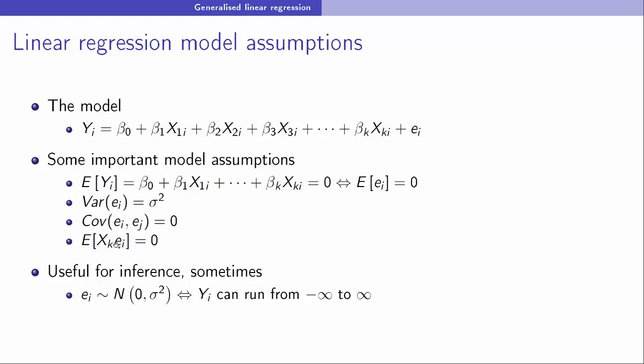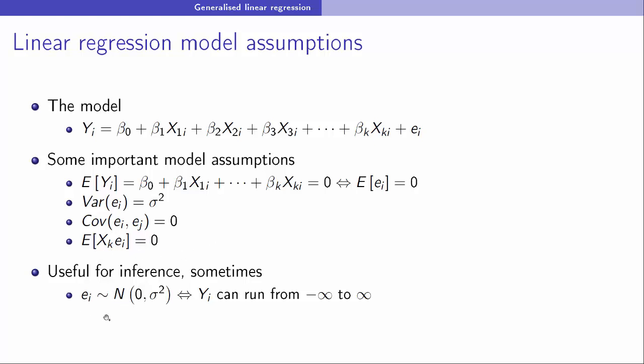There's no correlation between an explanatory variable and the error term. That's a little bit more of a technical one, and depending on what kind of modelling you're doing, this may or may not be a problem. The more experimental you are, the less likely this one is to be a problem, and the more observational you are in the way that you collect your data, the more likely this one is to be a problem.